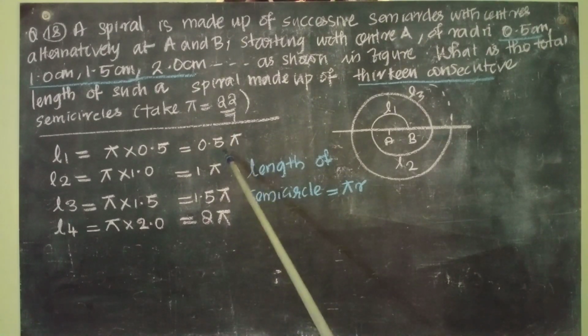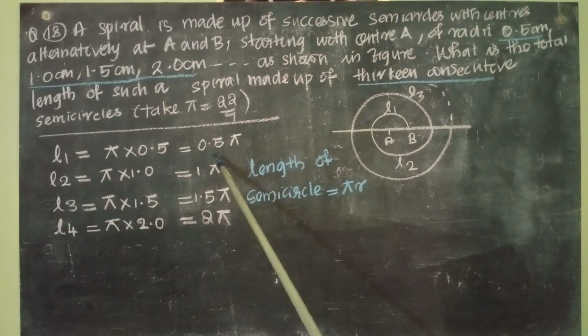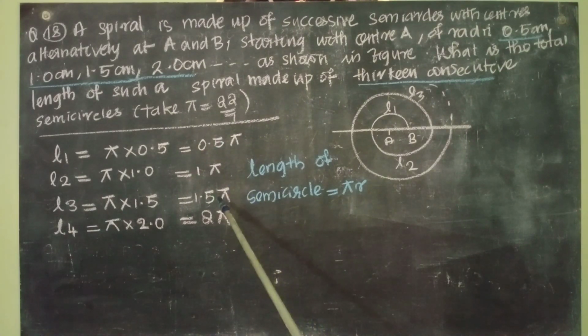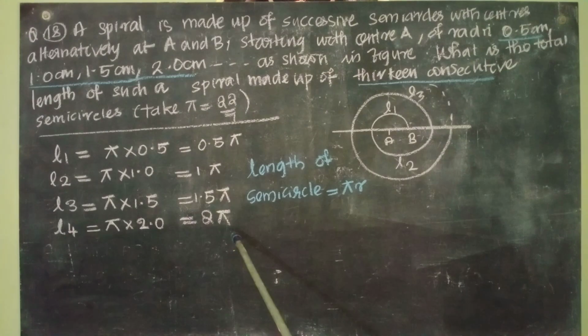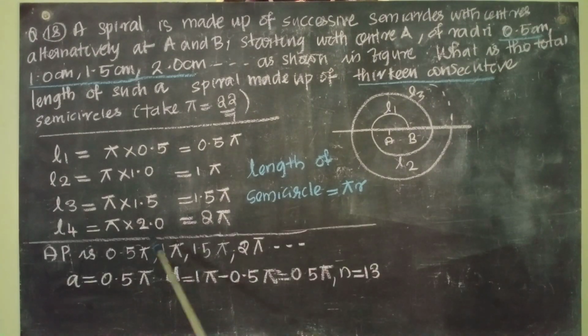So the AP is 0.5 pi, 1 pi, 1.5 pi, 2 pi, etc. Here you don't need to put in the value of pi yet.